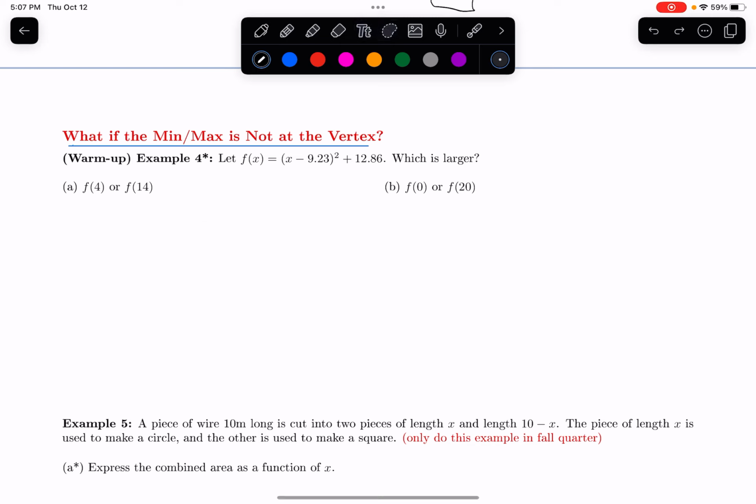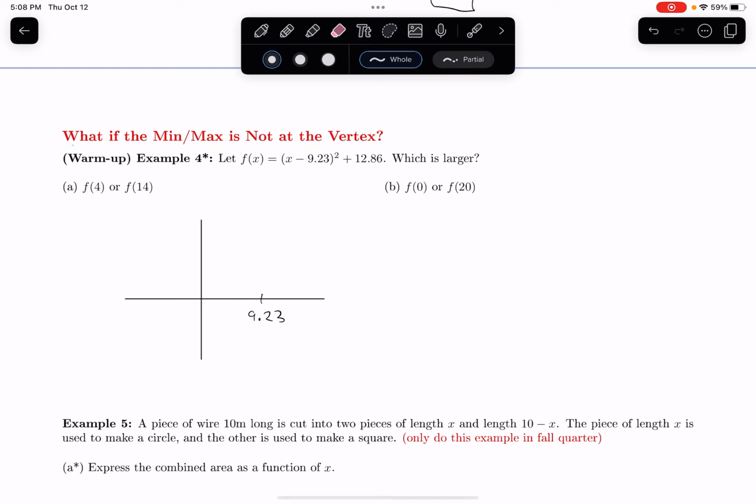So let me draw some axes. Let's draw a y-axis and an x-axis, because I see that this is a quadratic and it's in vertex form. So let's label the vertex. The x-coordinate is 9.23. That's what I plug into x to make the perfect square be 0. If I plug that in, this is 0, and then I get plus 12.86.